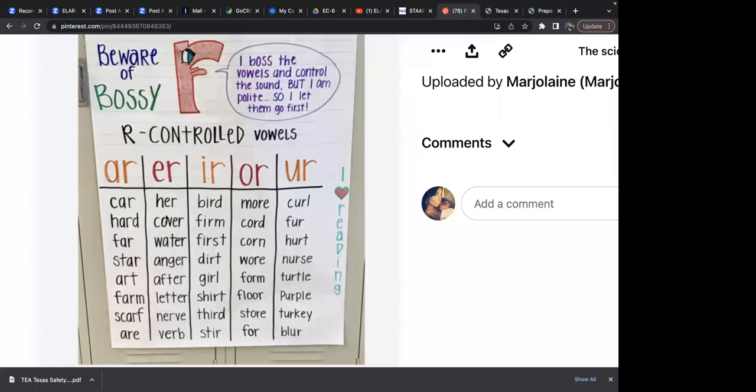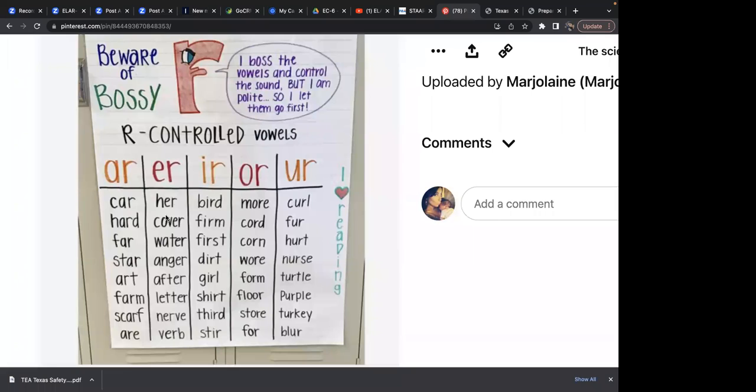So R controlled words: er, ir, ur, or, ar. Curl, car, hard, far, star. You see, all you hear is the R. It's like they're such attention hogs. Art, but they don't come first. Farm, scarf, her, cover, water.